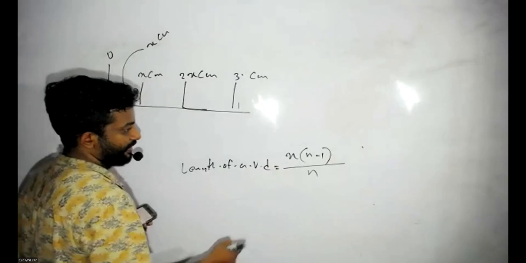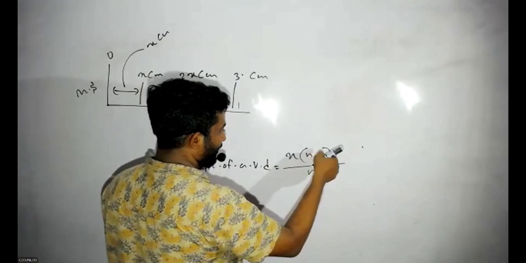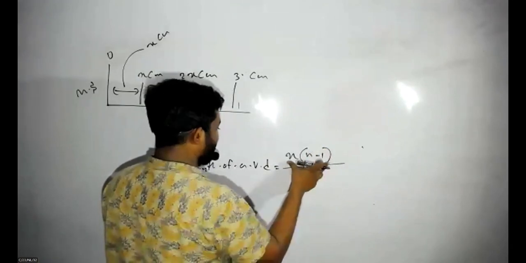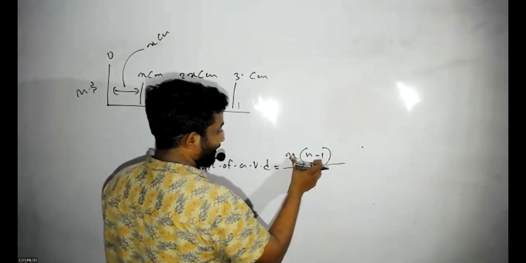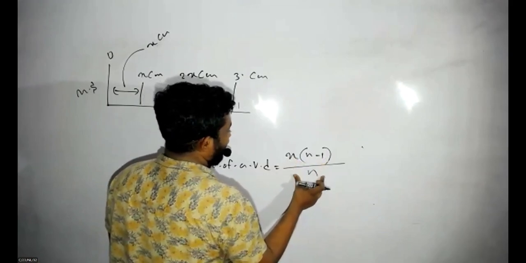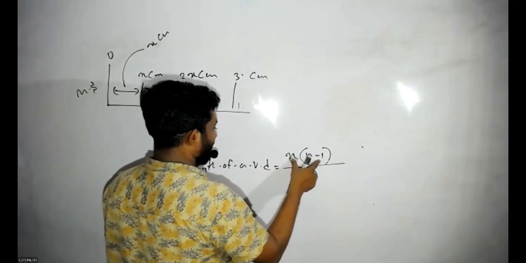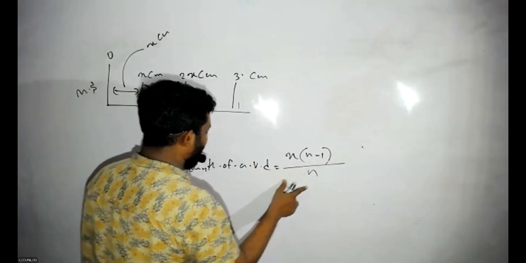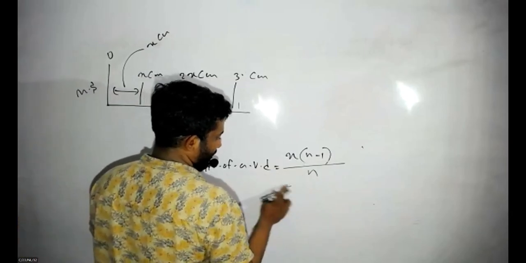The length of a vernier division is x into n minus 1 divided by n. This is the total main scale length that coincides with the vernier scale. Then you can divide by n, the number of vernier divisions. Total length divided by number of vernier divisions, then you can identify the length of a vernier division, right?